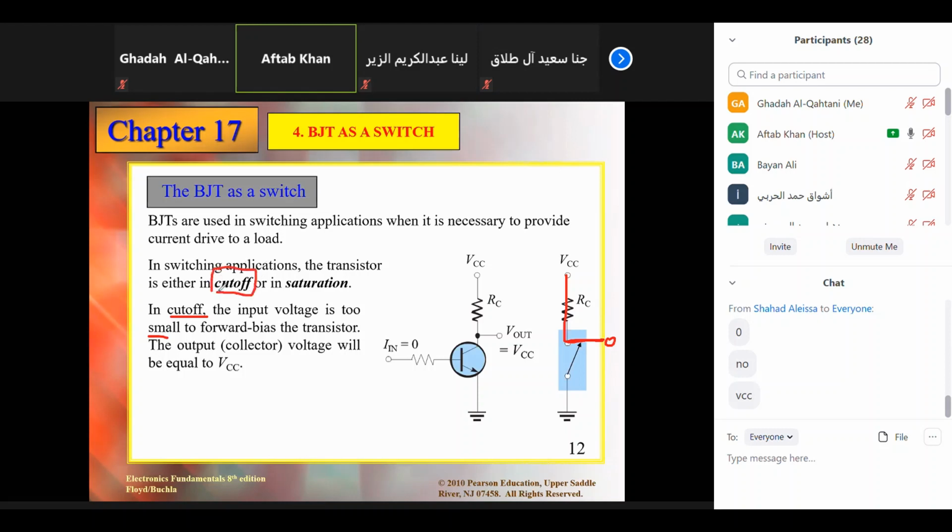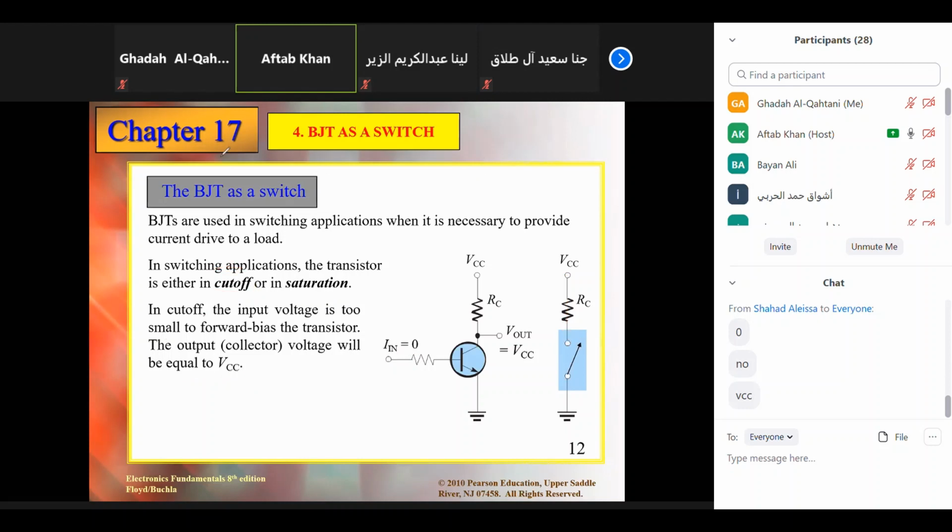In cutoff, both the junctions are in reverse bias. In saturation, both the junctions have to be in forward bias. So in cutoff, we apply very low voltage, almost 0. The output voltage will be equal to VCC. So in cutoff, girls, we will be getting output here equal to VCC.